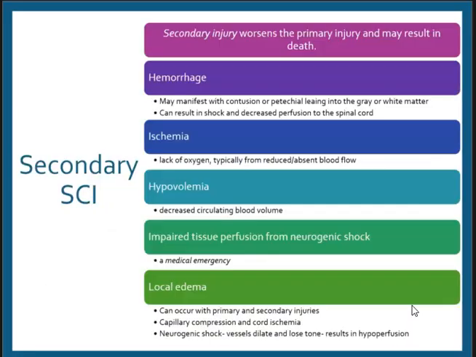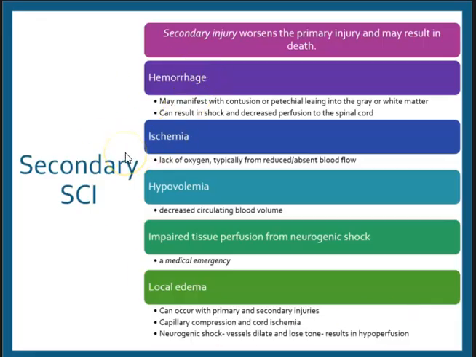Right, now your secondary spinal cord injury is the result from worsening of the primary injury. So what happened that caused further damage after that primary injury? Hemorrhage, ischemia, hypovolemia, impaired tissue perfusion from neurogenic shock, and local edema.